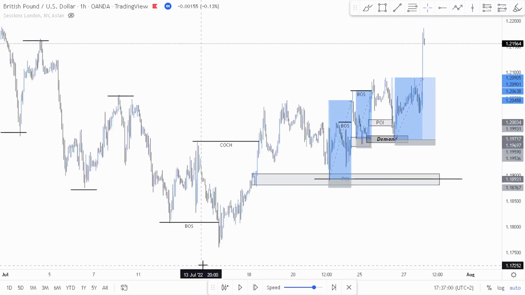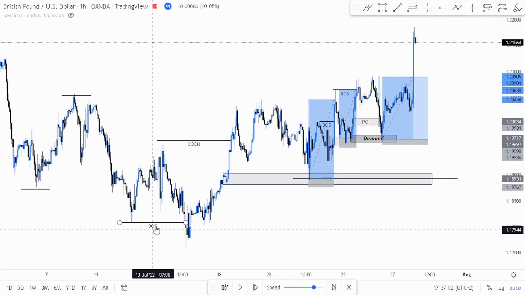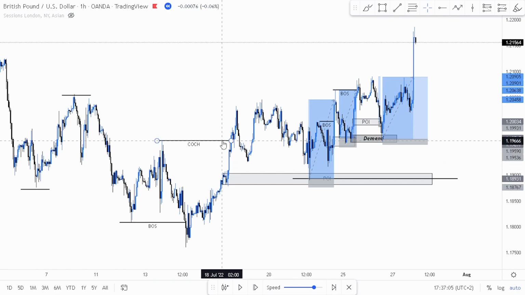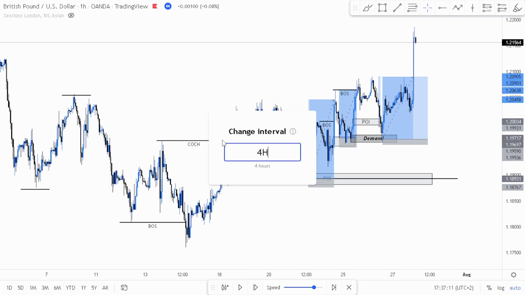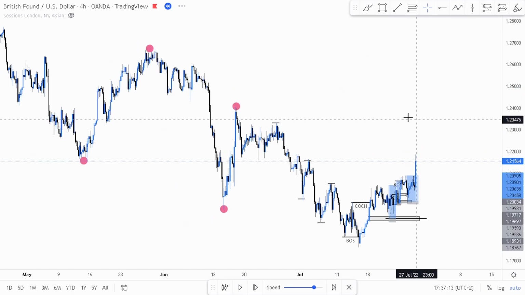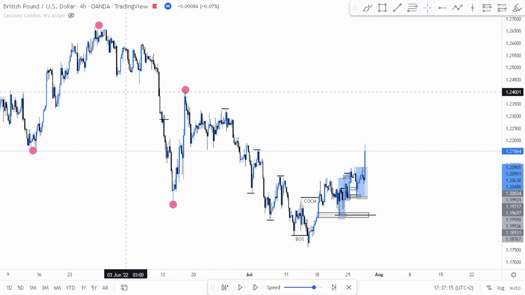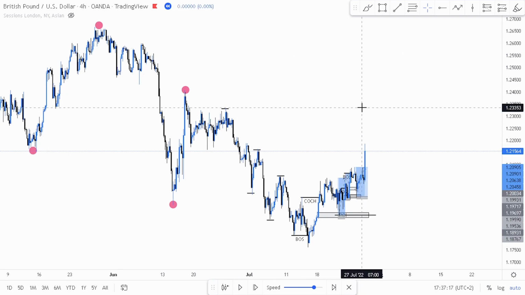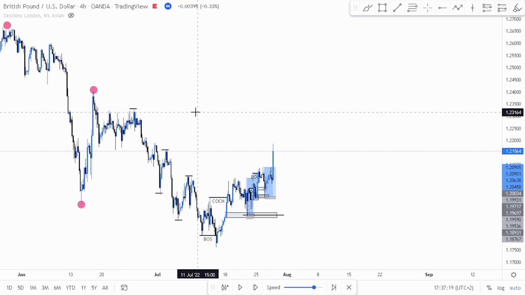Now this is what you call trading the trend. Now this is where institutional order flow comes in. You have to be aware that order flow in this pair overall is bullish. It is heavily bullish.